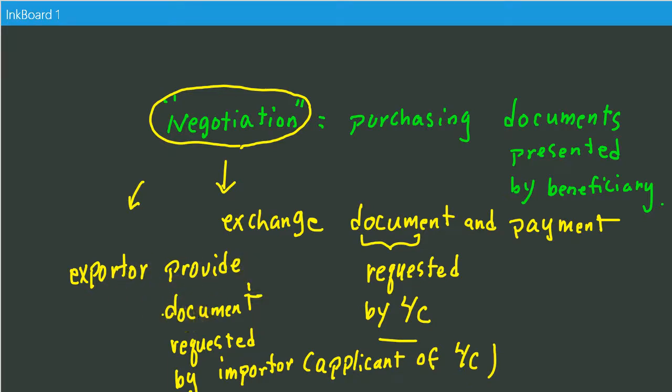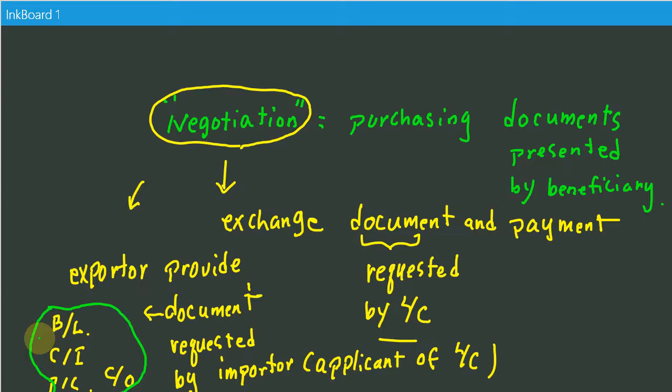This document includes most importantly the bill of lading, commercial invoice, packing list, country of origin, etc. Right? Well, these might be documents requested by the importer. This process we call negotiations.